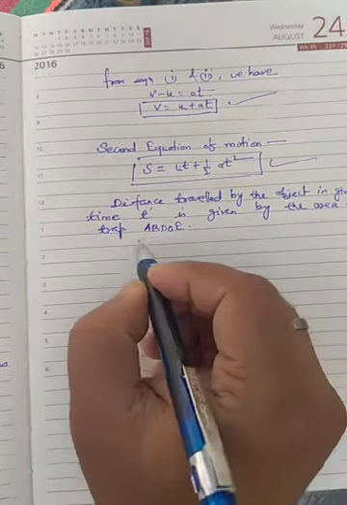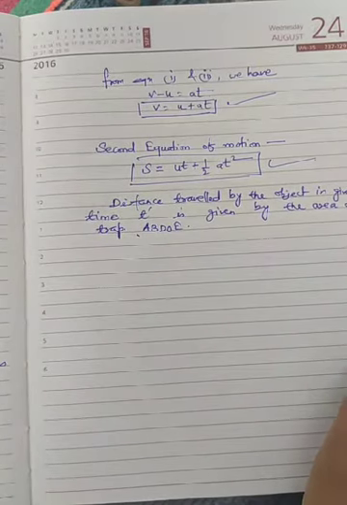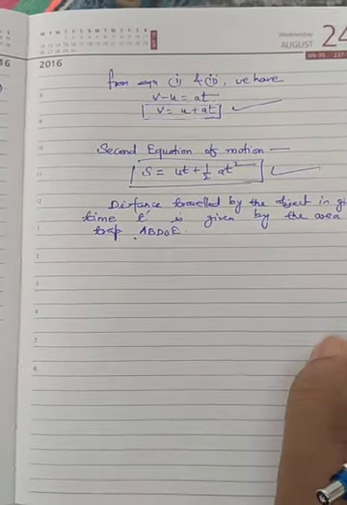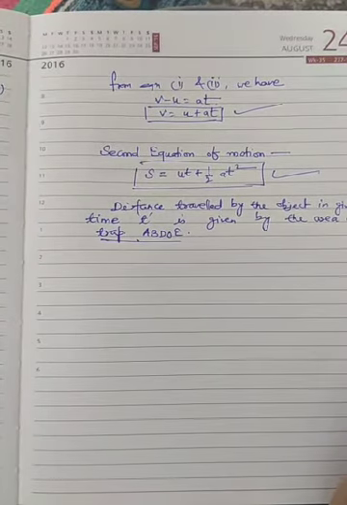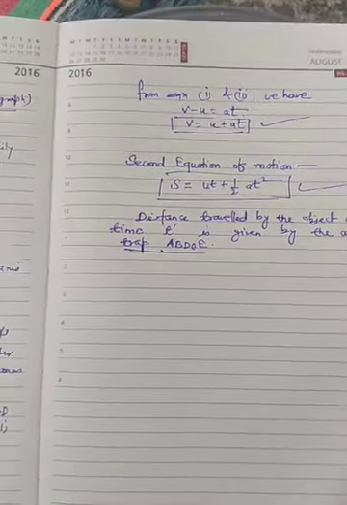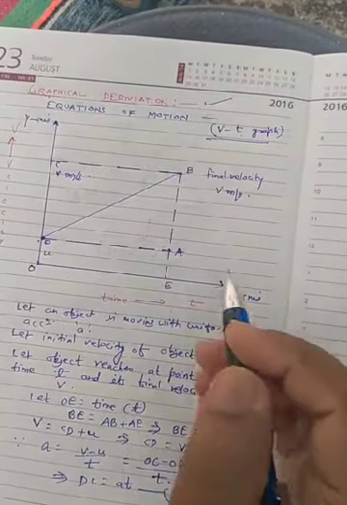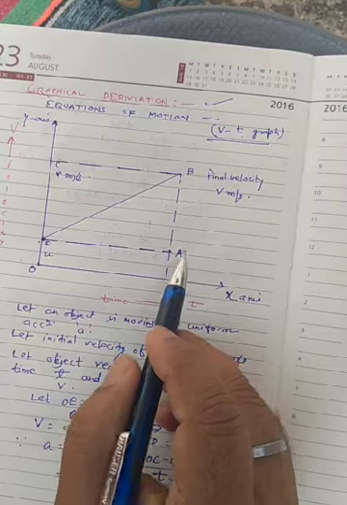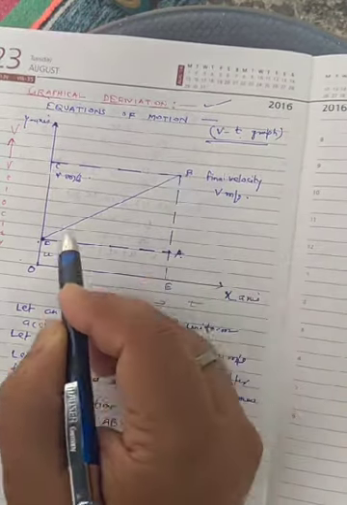Now let's see that graph so that we can understand what we are talking about, the trapezium ABDOE. Here again we are with the graph. Look at the trapezium ABDOE.